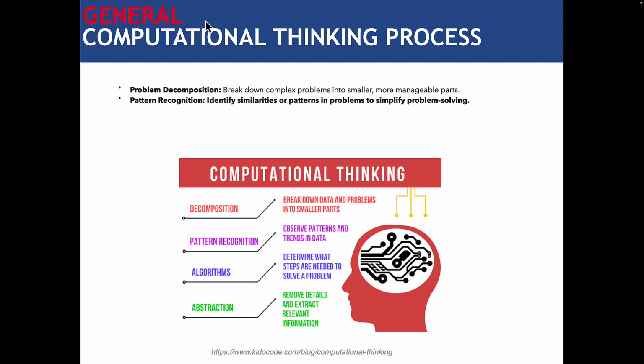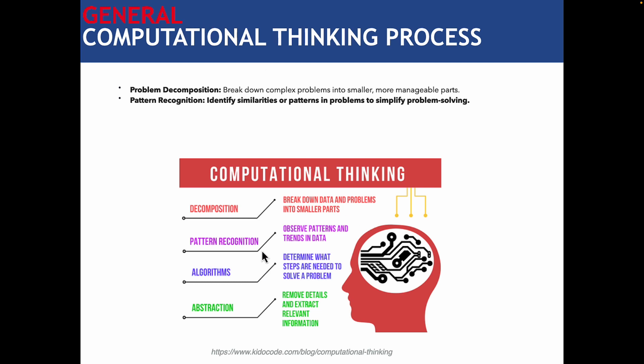And this also applies to recursion, by the way. And then pattern recognition. What does pattern recognition mean? Identify similarities or patterns in the problem to simplify problem solving. We need to find a way, for example, an equation. An equation is a pattern, okay? A relation between elements is another pattern. So you need to find how to express this problem in some simple solutions. And this is what we call pattern recognition.